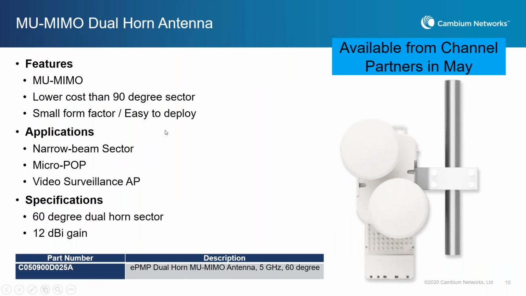So here's a picture of that dual horn antenna. The real benefit that you get from these horn antennas is the ability to cover a sector area. So with this one, it's a 60-degree dual horn sector. It also gives you really small side lobes.